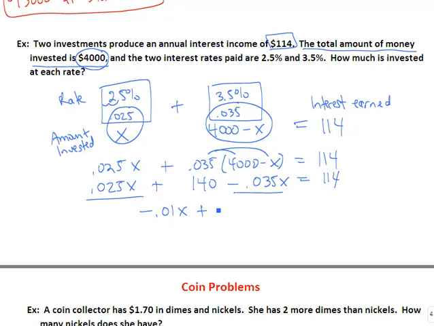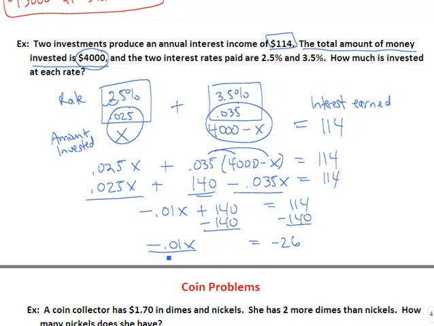We still have that 140 on the left and the 114 on the right. Now let's get our numbers together. So I'm going to subtract 140 to the right side. So negative 0.01x equals 114 minus 140 is negative 26.